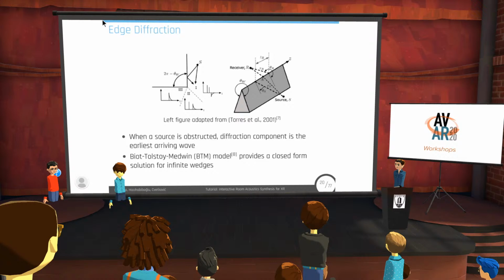One of the most famous analytical models, the Biot-Tolstoy-Medwin model, uses all the parameters that you see on the figure on the right, like the receiver and source position, the wedge angle, etc. And it still works only for infinite wedges. So when you have a finite wedge, you mostly need to use numerical methods like secondary source models.